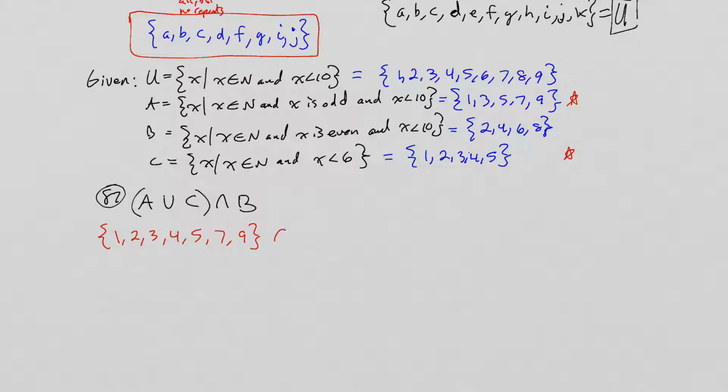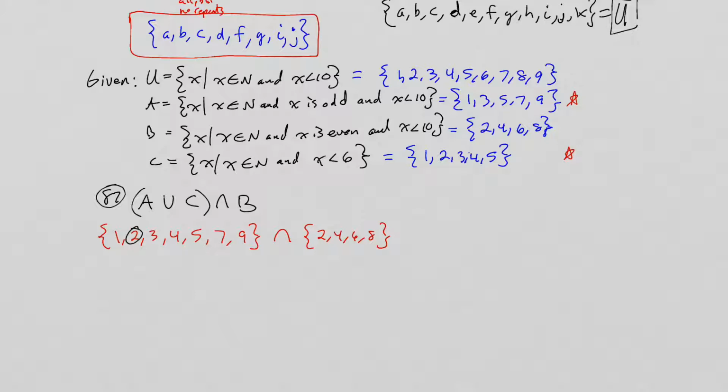Now, the intersection of B we just copy. So B is our even numbers: 2, 4, 6, and 8. So now all we have to do is say, what do these two sides have in common? Well, B is all even numbers, so 2, 4, 6, 8.